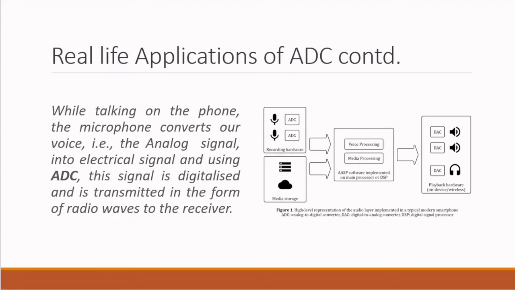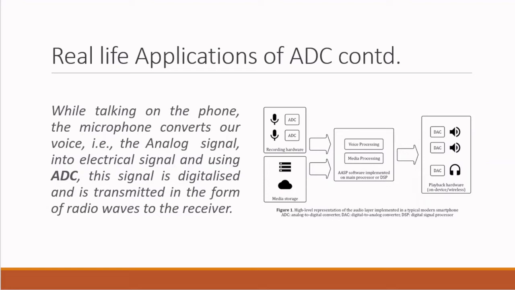Suppose we are talking on a phone. We speak something, the microphone captures the voice and converts this voice, that is the analog signal, into an electrical signal, and using the ADC, that is analog to digital converter, this signal is digitalized and is transmitted in the form of radio waves.